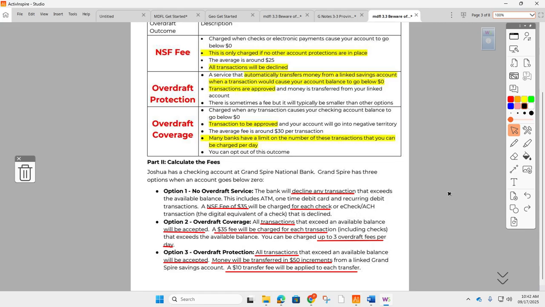No overdraft service for option 1, and that means any kind of payment comes in that he doesn't have enough money for in his account, they do not pay it, but they do charge him $35 each time. And there is no limit there. It's not to say there could not be a limit at your particular institution that you bank with, but you would want to know that.